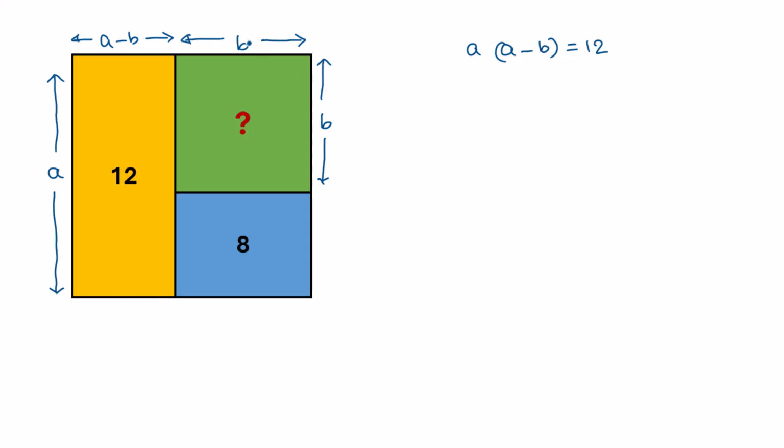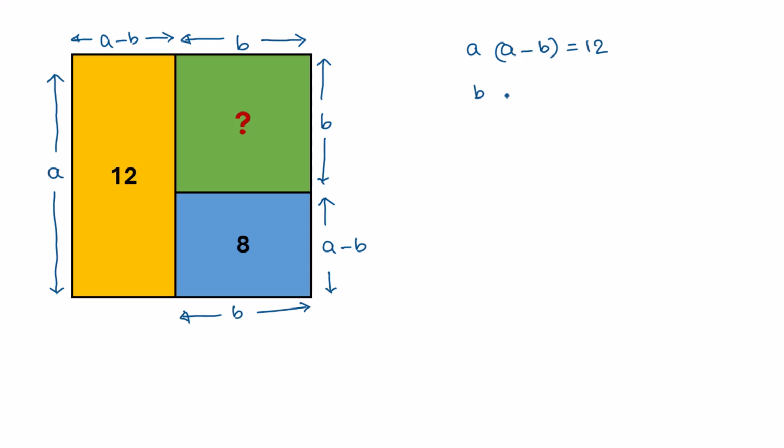Again, this length is B, and this total length is A and this is B, so this length is A minus B. That means the area of this blue rectangle is B times (A minus B), and which is 8 square units.